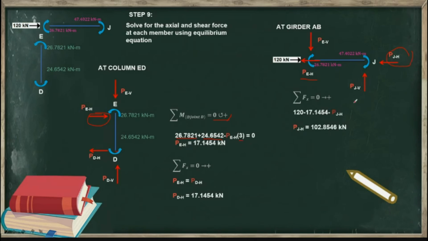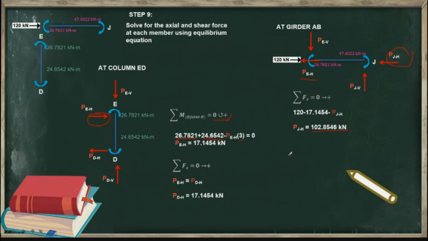And going to the right is positive. So, 120. Don't forget the lateral force acting on the fourth floor. So, 120 minus nung PEH natin na 17.1454 minus PJH. And then, one equation, one unknown, we will get the value of PJH is equal to 102.8546 kilonewton.